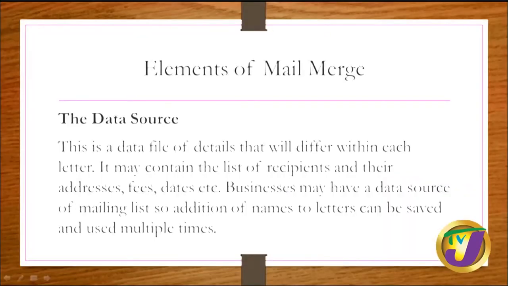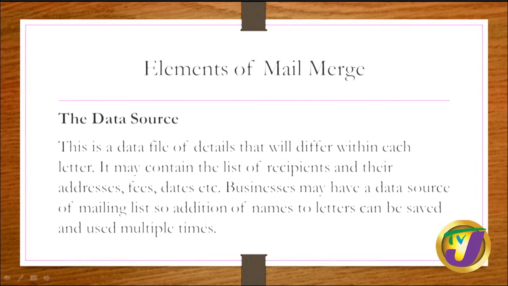They may also have other details, like if there's a fee that differs from recipient to recipient. In this case, today's mail merge that we'll be doing actually has details that differ. I think it has courses, yes, courses that may differ from recipient to recipient. It also contains other details apart from addresses, fees, and dates.